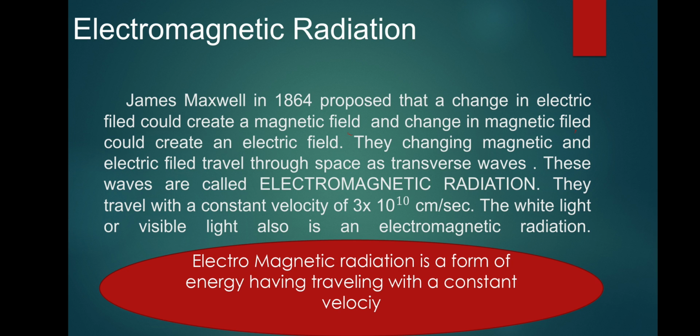So what he said is, if you have an electric field and you change it, it can produce a magnetic field. Similarly, if you have a magnetic field and you make some changes in it, it can result in the production of an electric field. The changing magnetic and electric fields travel through space as transverse waves.